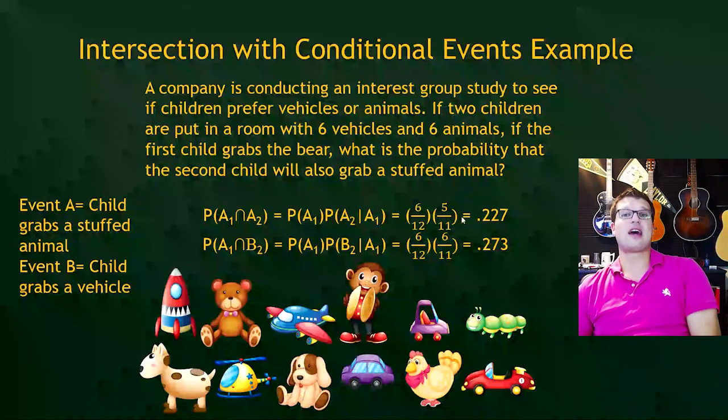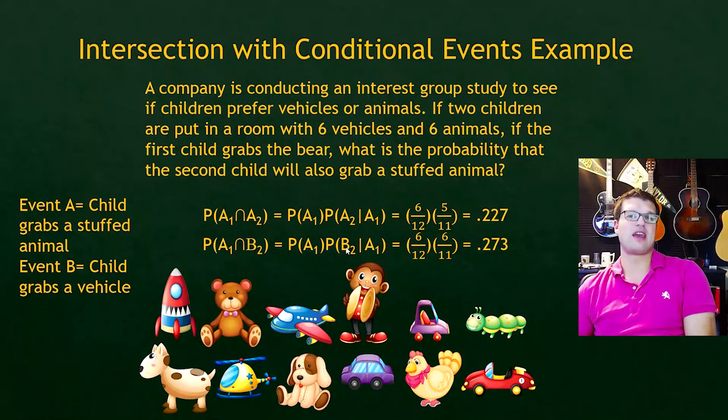And then what is the probability that the second child grabbed a vehicle, given that the first child grabbed a stuffed animal? There's 6 vehicles divided by a total of 11 items that are left. So that's 6 over 11, which is a little bit different than the 5 over 11 previously. And so that equals 0.273.